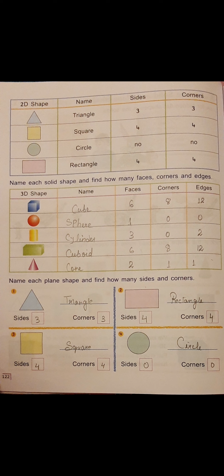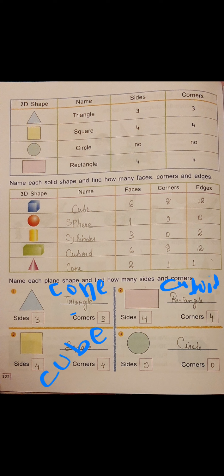Name the shape, each plane shape, and find out the sides and corners. Here I have written triangle, right? But actually it is not triangle. What is it called? It is a cone. C-O-N-E, cone. And this one is what? Cuboid. C-U-B-O-I-D, cuboid. This one is cube.